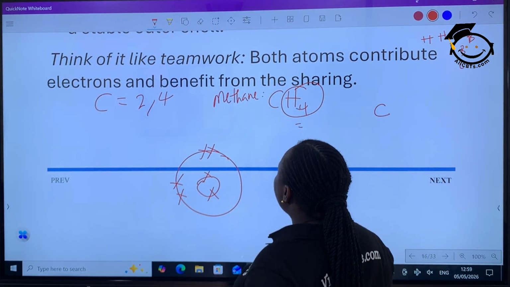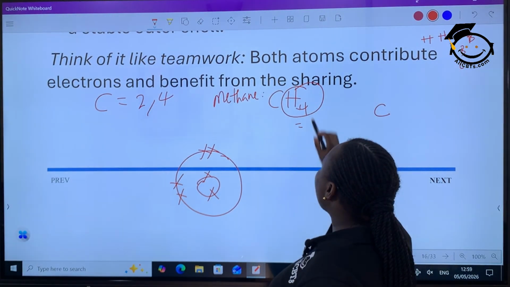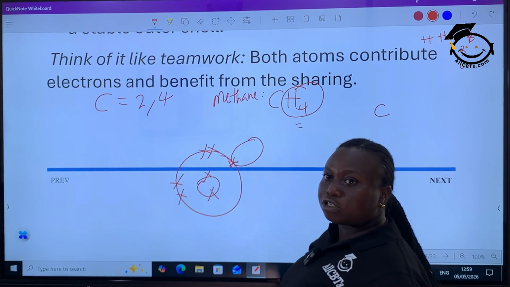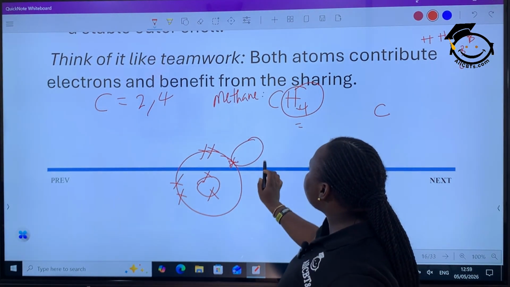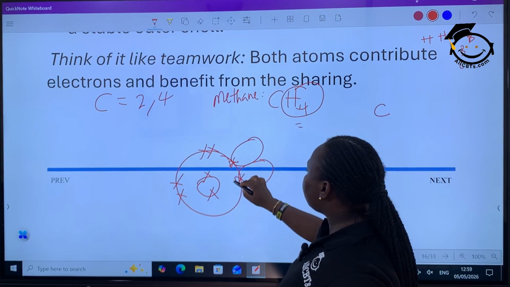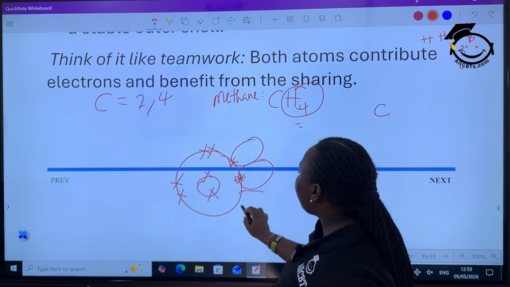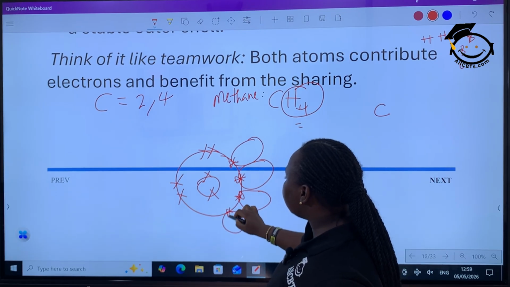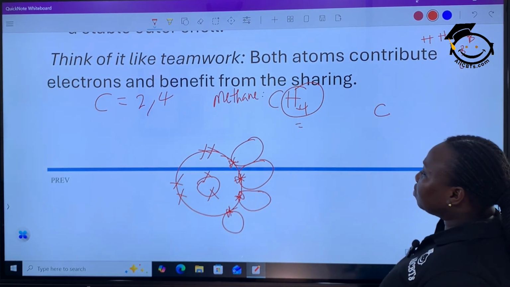We have 4 hydrogens. One hydrogen will come and share itself, while hydrogen is just 1. Another one too will come and share itself again, 1. Another one will come and share itself again, 1. Another one will share itself again. At the end of the day, they are all sharing.